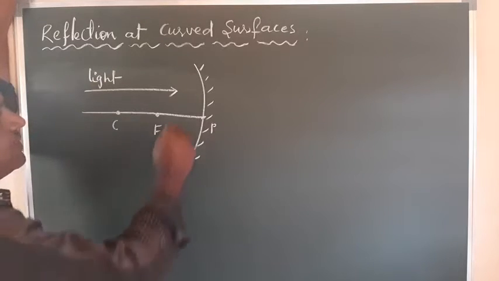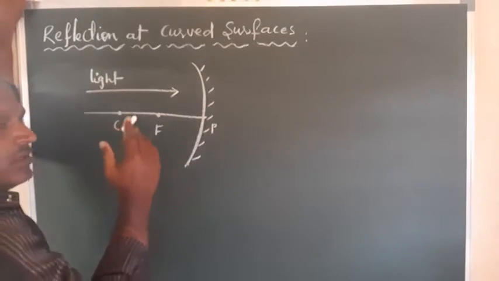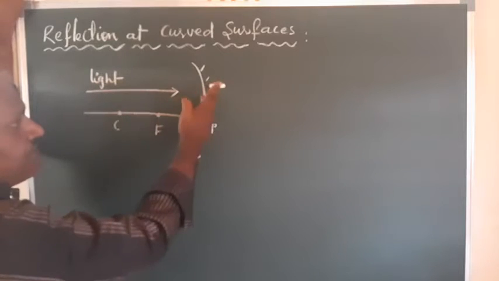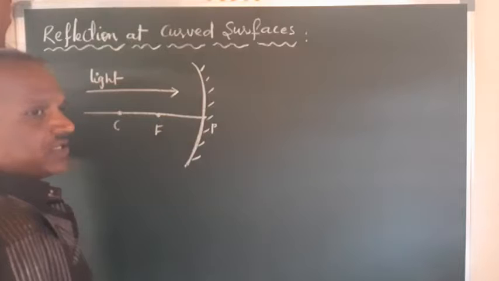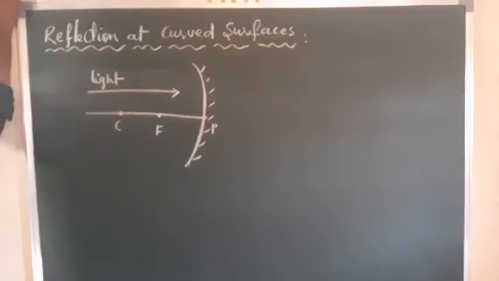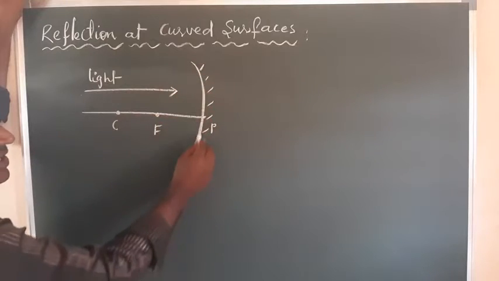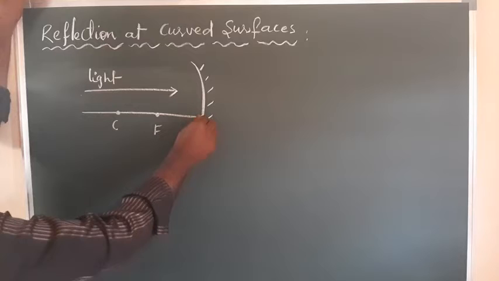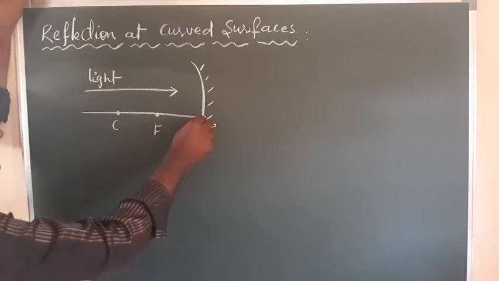And this is the instrument, or the object or obstacle, where this light interacts. Now the distances you can measure here, and a reference is required. That reference is the pole. With respect to this pole we can measure the distances.